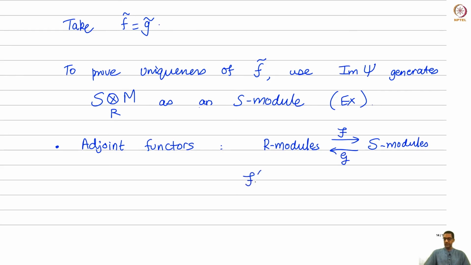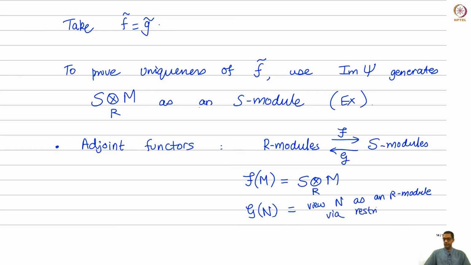So what is F? F takes a module M and sends it to this. Okay, and this is what it does to objects. You have to similarly define it on arrows. And the other side, G is the restriction functor. G of N is you just view N as an R module via restriction of scalars.